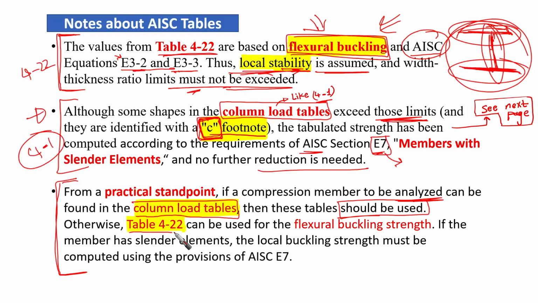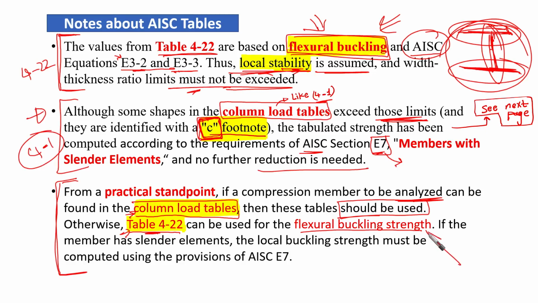Otherwise, table 4-22 can be used for the flexural buckling strength. So we have these two alternatives: start with column load tables, otherwise, if you couldn't, then in this case you can use table 4-22 for flexural buckling strength.